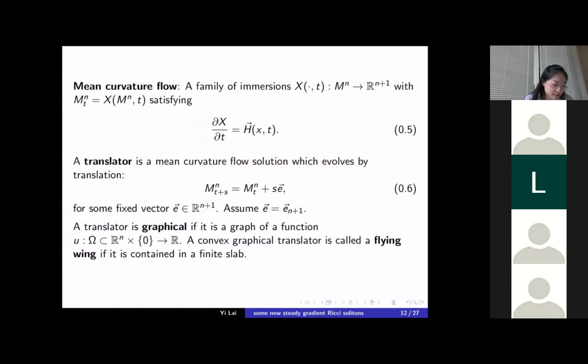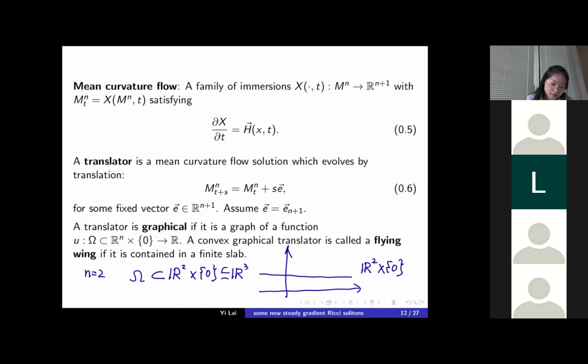Right, so a slab means the following. For example, if n is equal to 2, then this omega is contained in R2, which is contained in R3. By containing in a finite slab, I mean, let me just draw a picture. So this is R2, z equals 0.